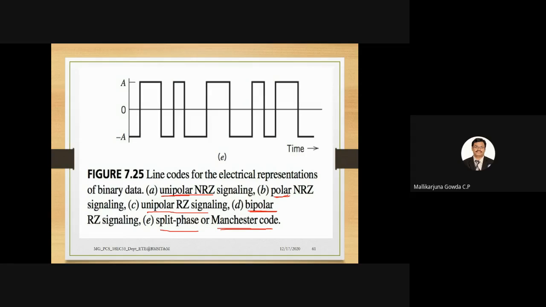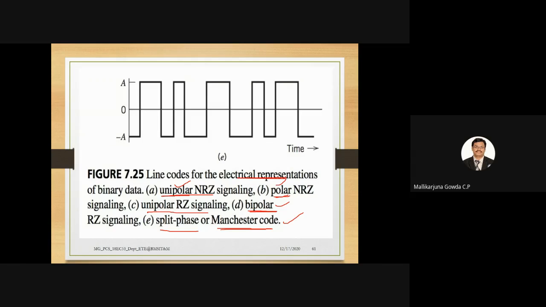So these are the types: unipolar, polar, bipolar, then Manchester. How many? 1, 2, 3, 4. Out of these 4, in case of unipolar, polar, and bipolar, I can write two things, that is NRZ and return to zero. So 3 into 2 is 6, plus this 1. 7 times I can write totally.